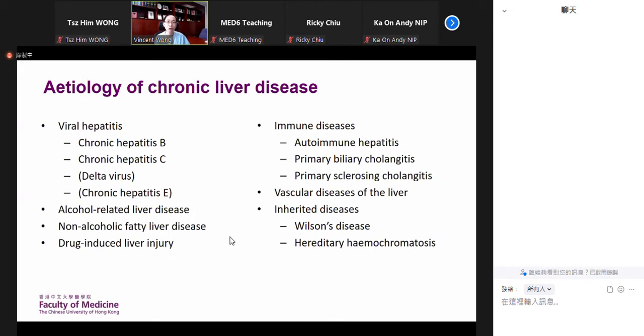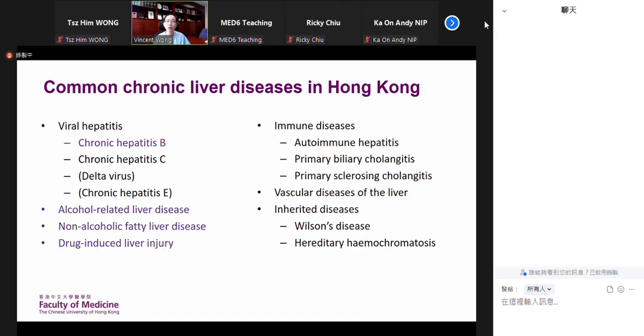And therefore, you should also be aware of the epidemiology of the disease locally. In the Hong Kong setting, I would say that a number of diseases would be more common, including chronic hepatitis B, alcohol, non-alcoholic fatty liver disease, and drug-induced liver injury. Mind you, drug-induced liver injury can present in a variety of ways.